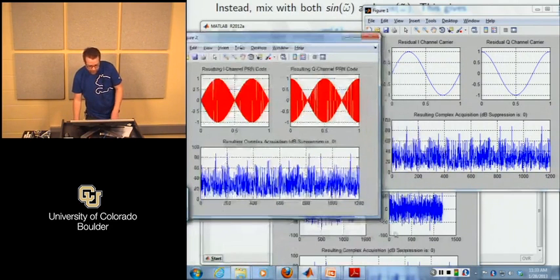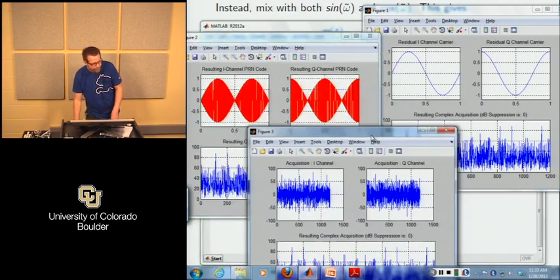So what happens? Why doesn't this work? Any ideas? Suggestions? You're not getting the full PRN code. Yeah, but you're not only not getting the full, you're not getting any. What happens if you integrate a sinusoid over a full period? 0, right?